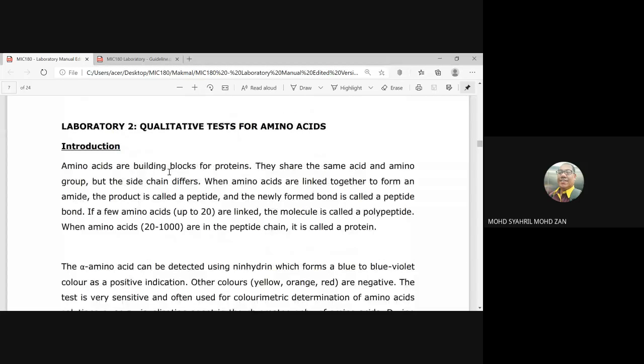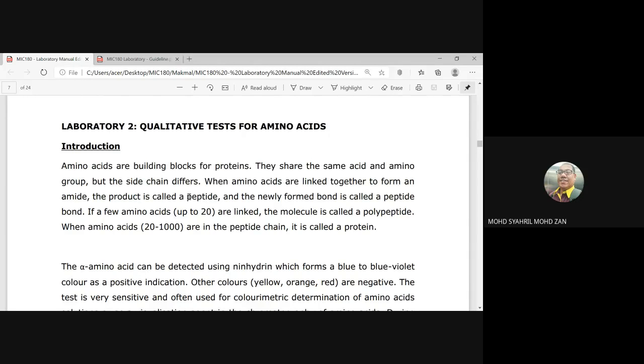Right, amino acids are the building blocks for proteins, or a monomer for proteins. Protein is a polymer. What is the monomer for protein? It is amino acid. Right? They share the same acid and amino groups, but the side chains differ. When amino acids are linked together to form an amide, the product is called a peptide.